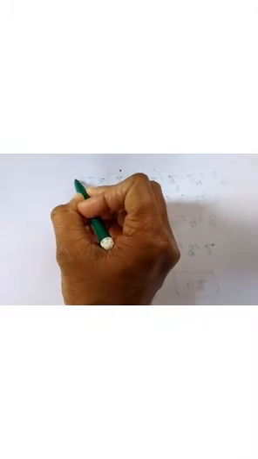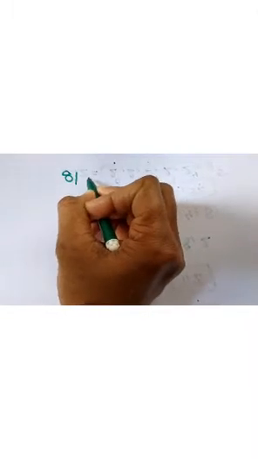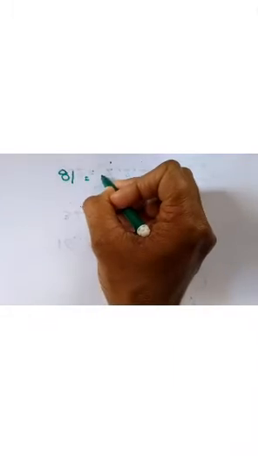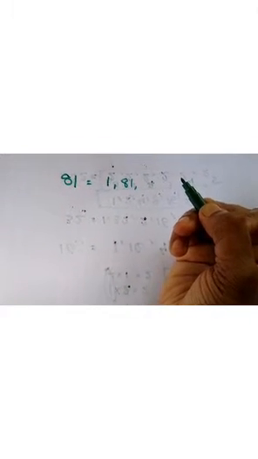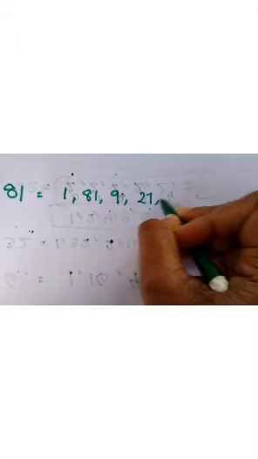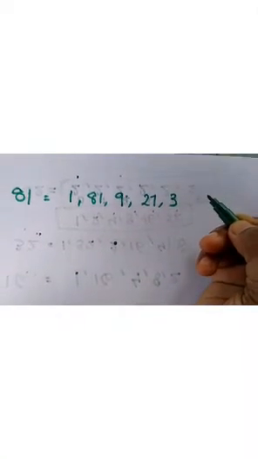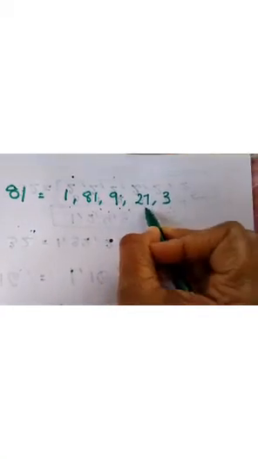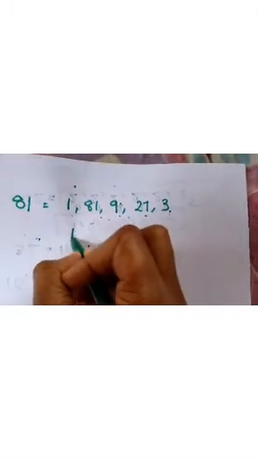Next, factors of 81. How can we express 81's factors? First, 1 and 81 are the factors. Next, 9 times 9 is 81. And the last one is 27 times 3, which are also factors of 81. That is 1, 81, 9, 27, 3.